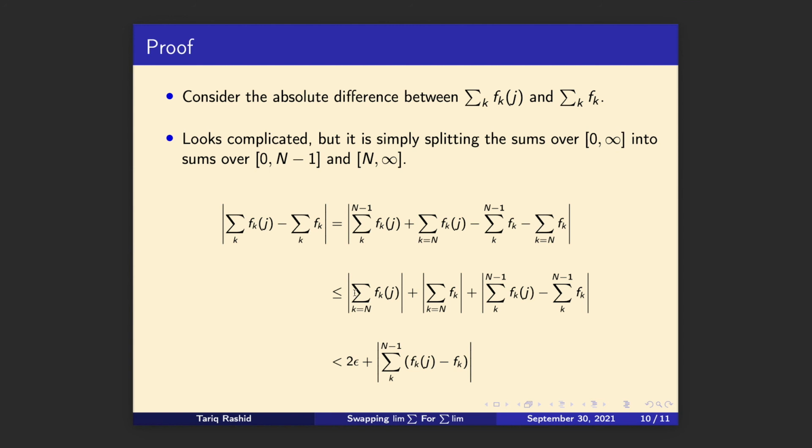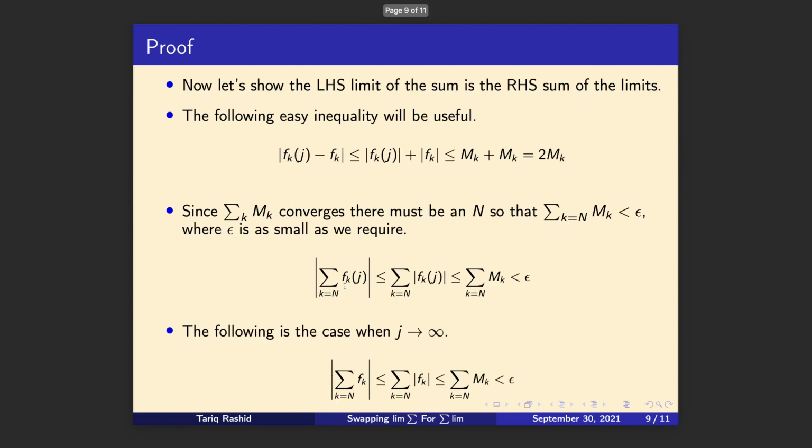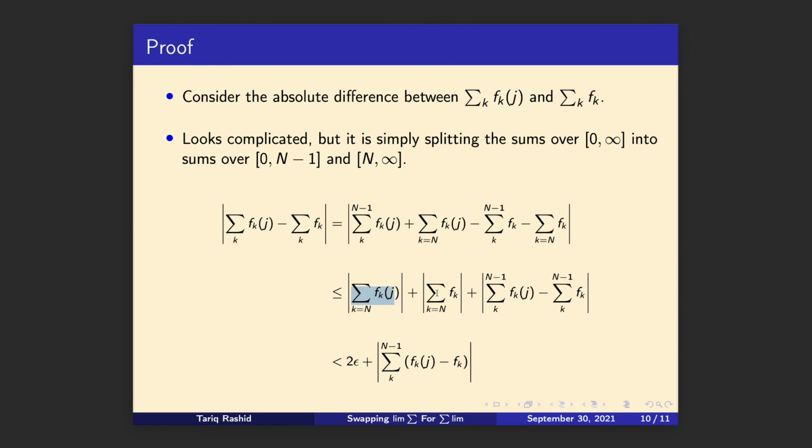Now we know from before that this quantity is less than epsilon and this quantity is less than epsilon for large enough n. So we've got epsilon and epsilon, that's less than 2 epsilon. And all we've got left is this thing here.